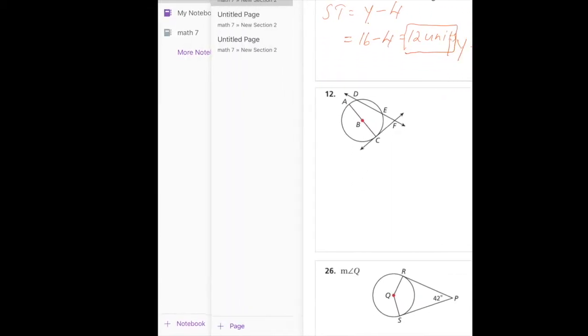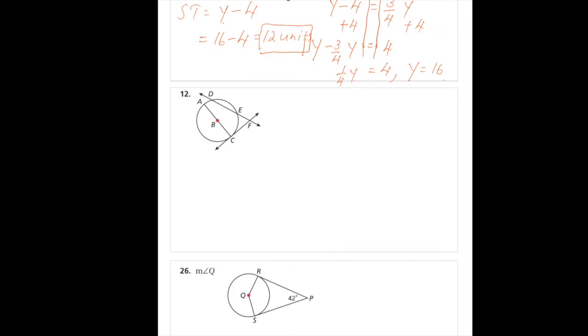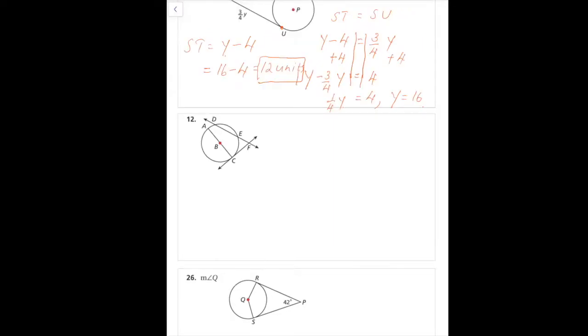The next one, number 12, the question is, identify each line or segment that intersects each circle. So you just need to identify all the lines or segments that intersect each circle.